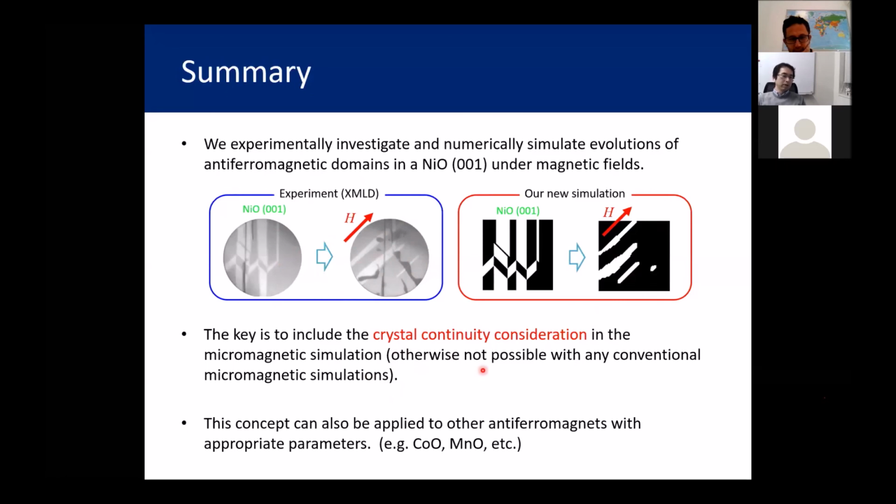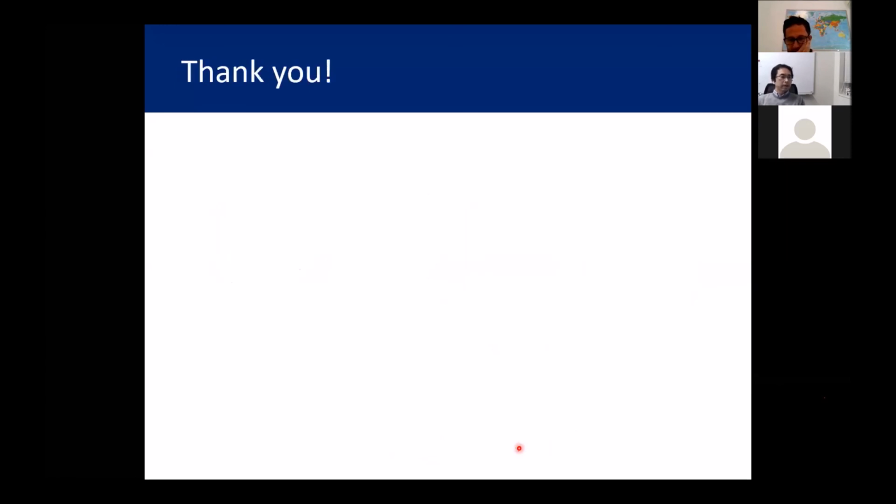Otherwise, the conventional way cannot really do this type of simulation. This concept can also be applied to other magnets with appropriate parameters, for instance cobalt or manganese oxide, to predict domain behavior. Okay, thank you very much for your attention.